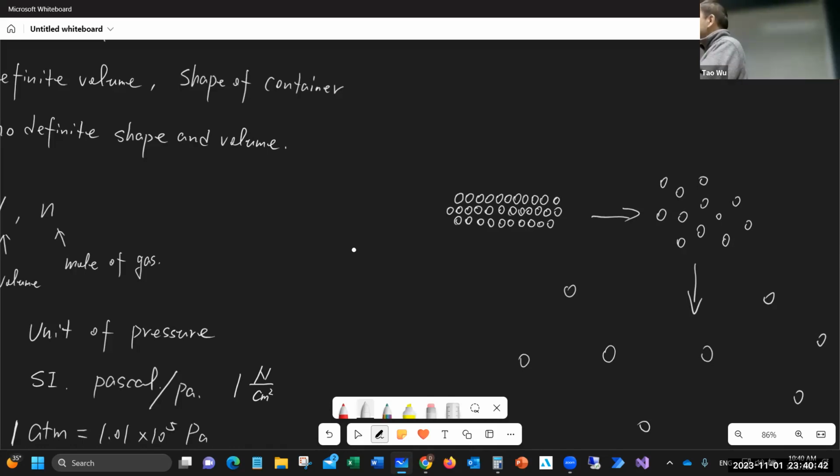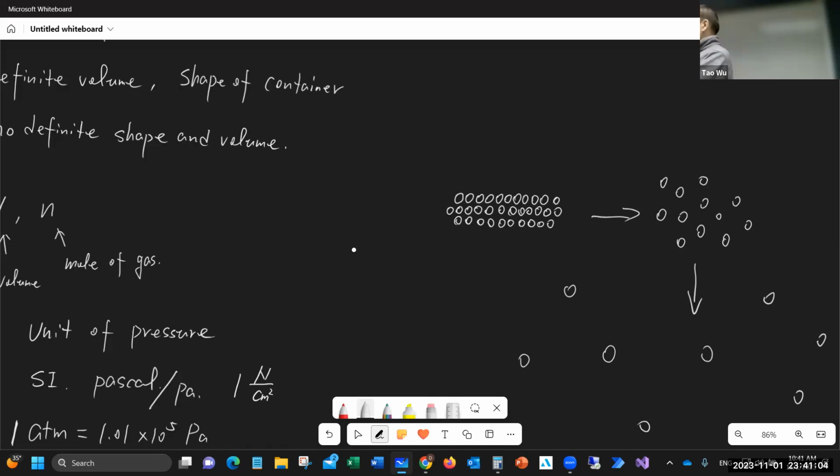Okay, so hopefully this will help you to understand the three different phases: solids, liquids, and gases. In solids, the force is strong and the activity of the molecules is weak, so they are not moving.